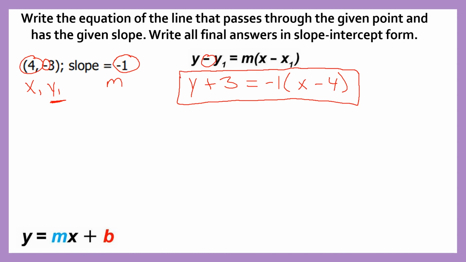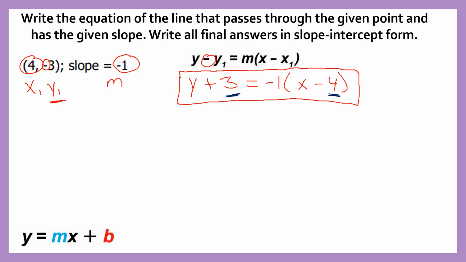If you were asked to see what point was on this line, you would just look at the numbers here, my 3 and 4. Just notice that if there's a plus, your original number was negative. So my ordered pair was 4, -3 if you wanted to go back and see what point was on the line that was already in point-slope form.